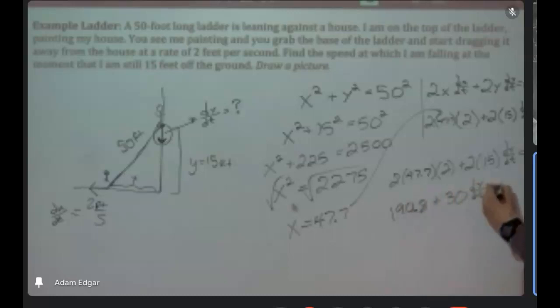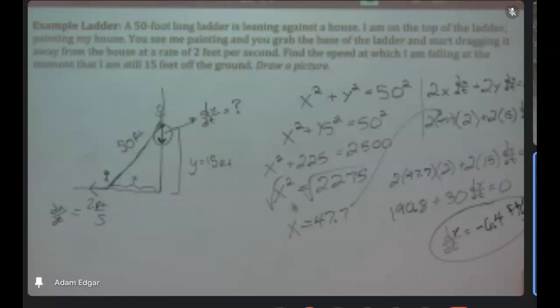So you solve this, and what do you get? Negative 6.4. What are the units? Feet per second. Done. So I'm falling at a rate of 6.4 feet per second.